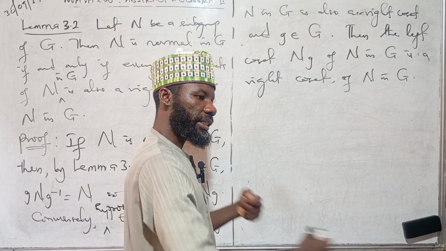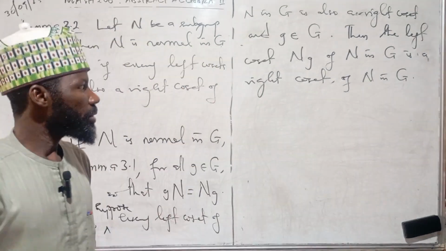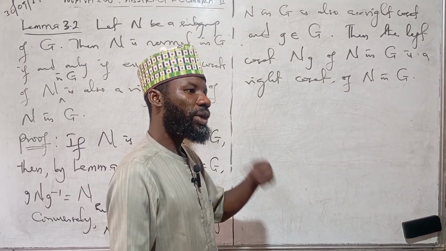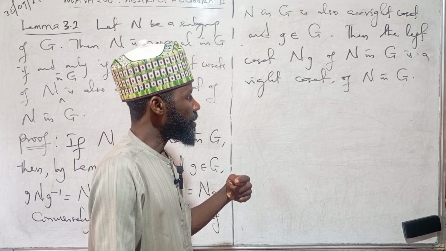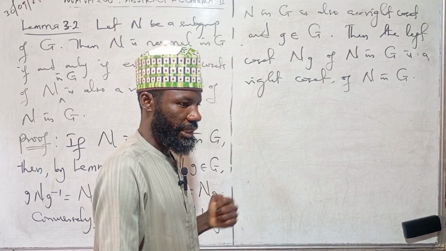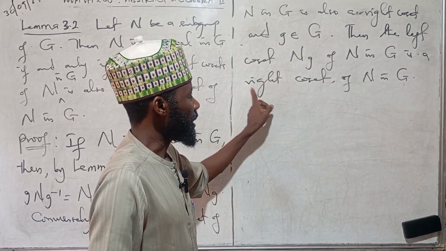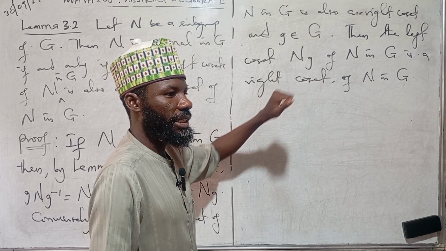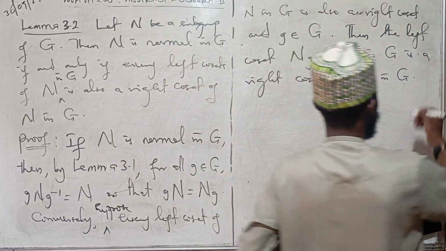And because these cosets form a partitioning of the group, g is also in the right coset of N it generates. So therefore, that right coset, whatever it is, must be the one generated by g.